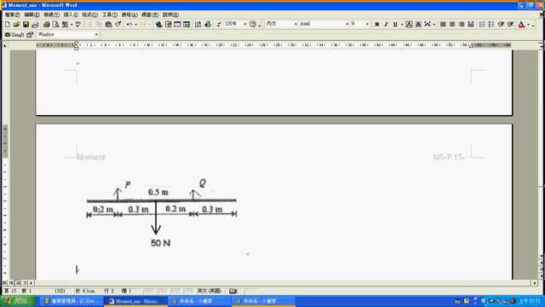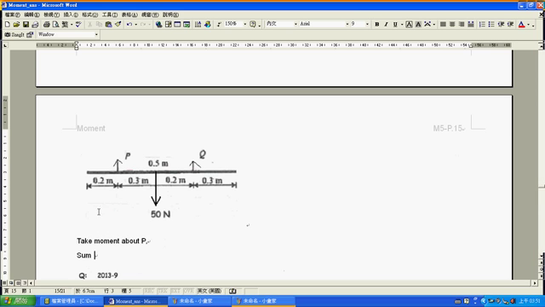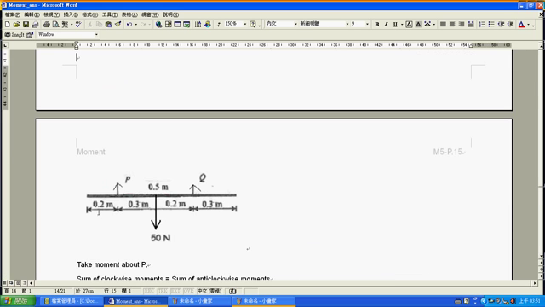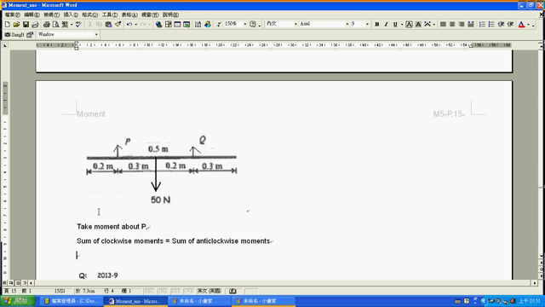So we can take moment about P. The sum of clockwise moments equals the sum of anti-clockwise moments, right?